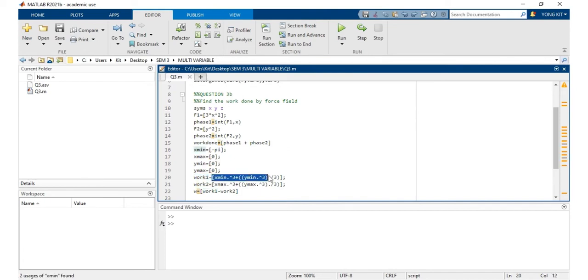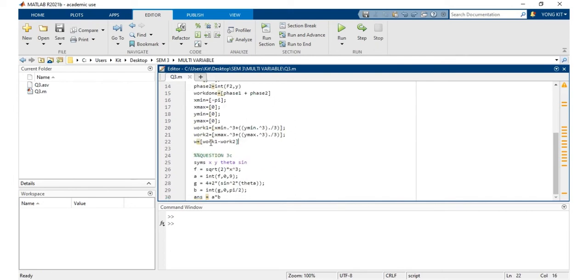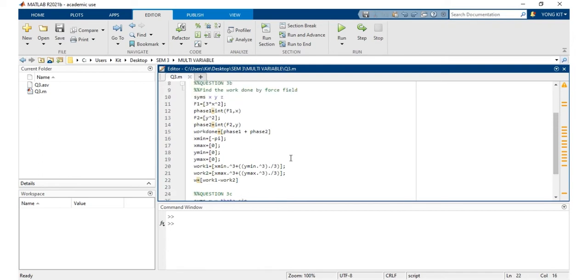So I save it in work 1, and then after the second integration, we get this one, and then I save it in work 2. After that, after integrating, we need to minus this because of the integration. So I save it in W. So the work done will show the result.